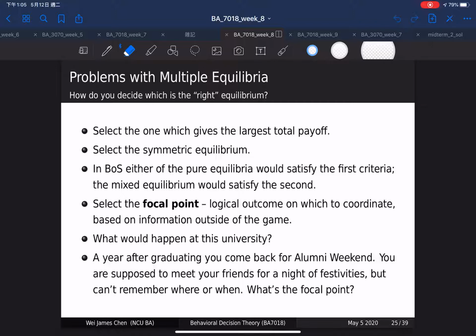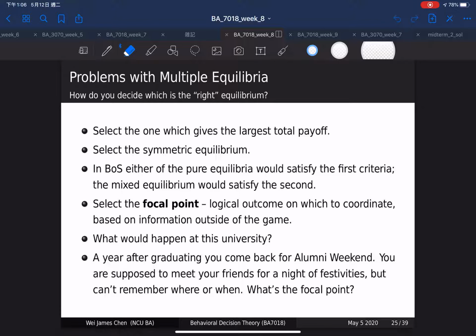Which in modern day means you have no way to contact your friend, and your friend also doesn't have a way to contact you. But this train station has more than one meeting point. So you know one of the meeting points will be the destination, but you don't know which.